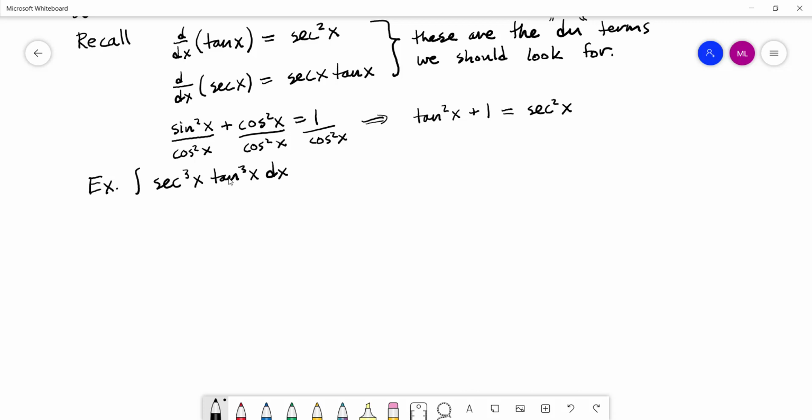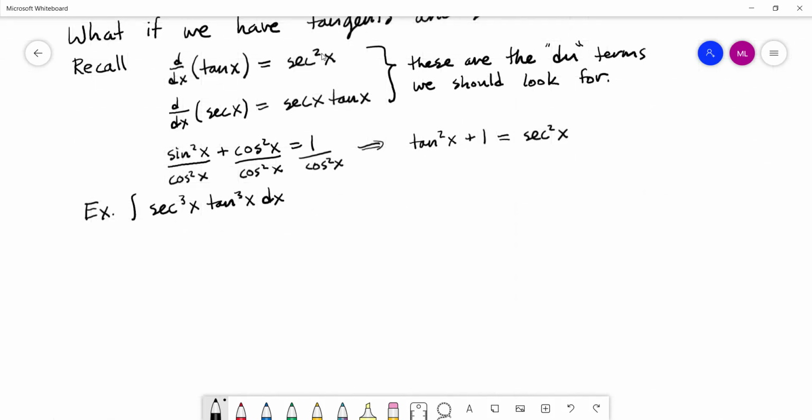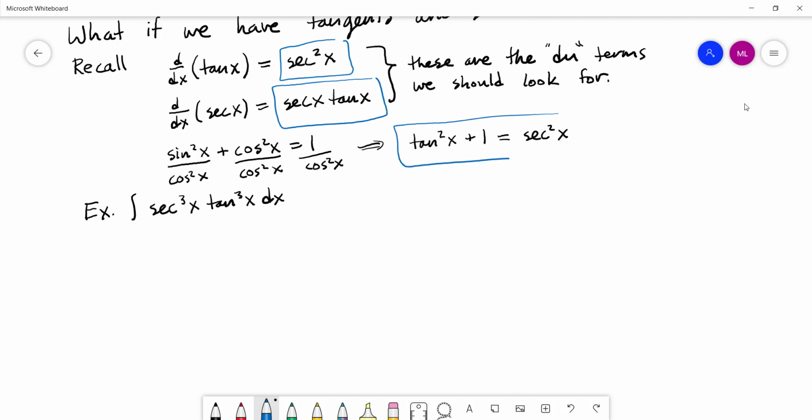So our goal in this case is to try to get these types of pieces. These are the important things that we care about. Let's do it in a different color. So these, and hopefully that'll leave us with some other even powers that look like these.